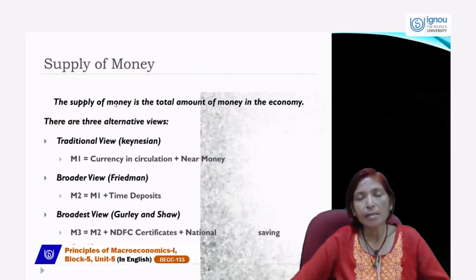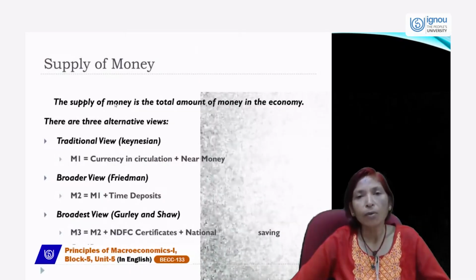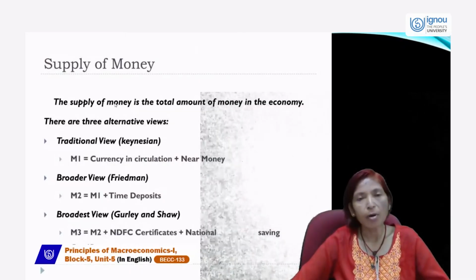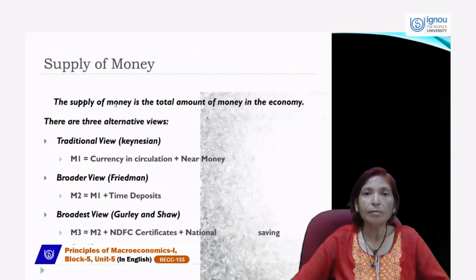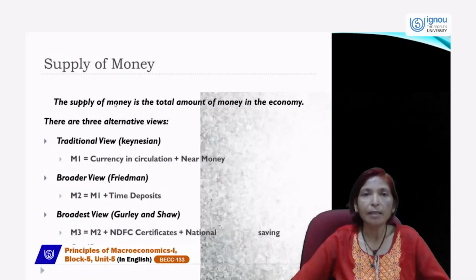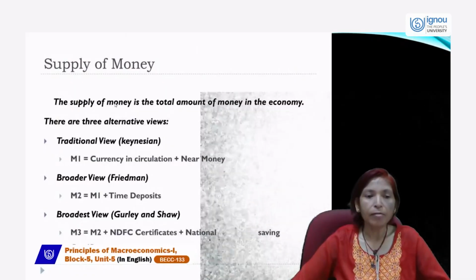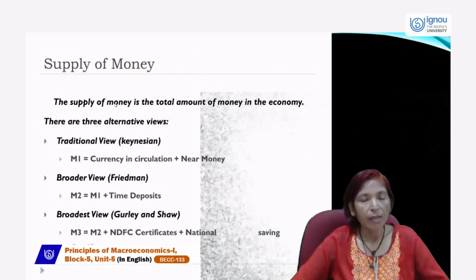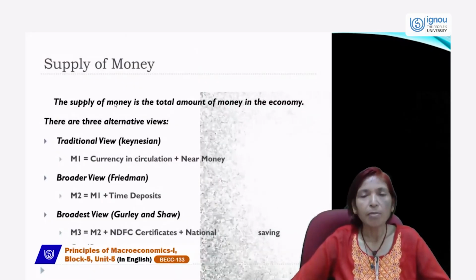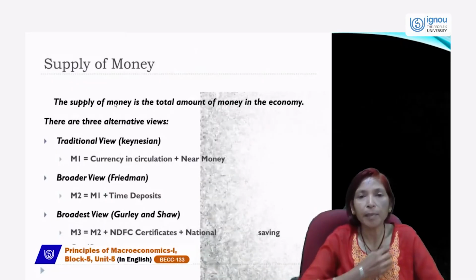But M1 defines money supply in a narrow sense, not in a broader sense. The broader point of view of money supply was explained by Milton Friedman, that is M2. M2 is the second measure of money supply.